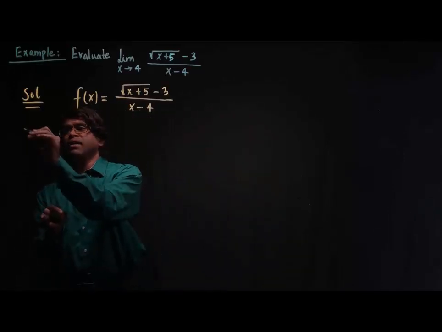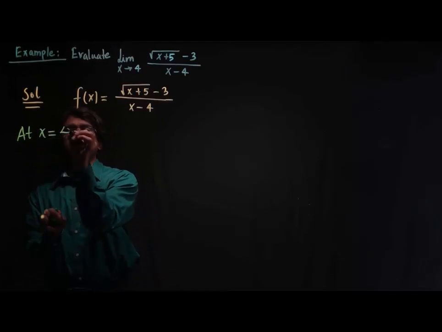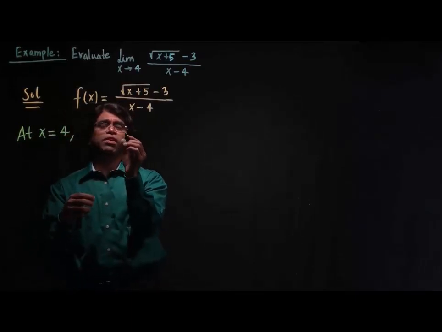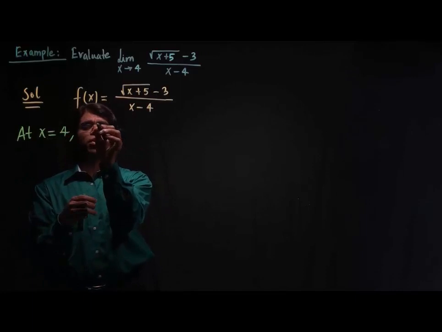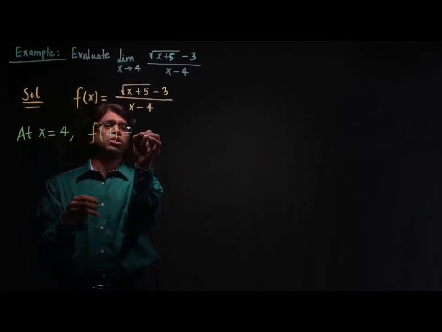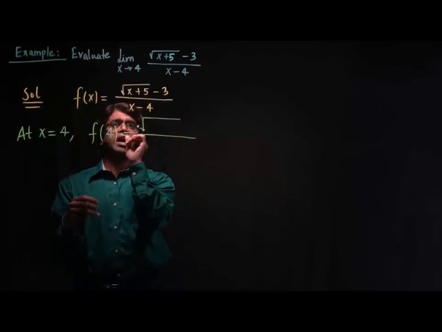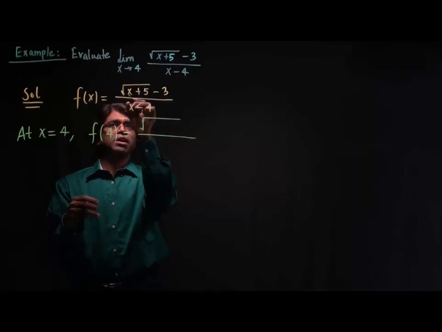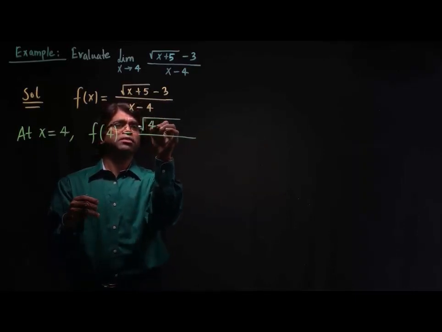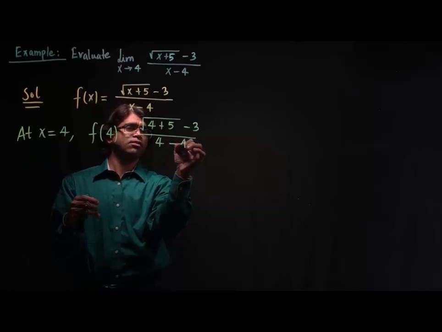So at x equals 4, my f will be f of 4, and I'm going to replace each x by 4. So I will write the square root of 4 plus 5 minus 3 over 4 minus 4.